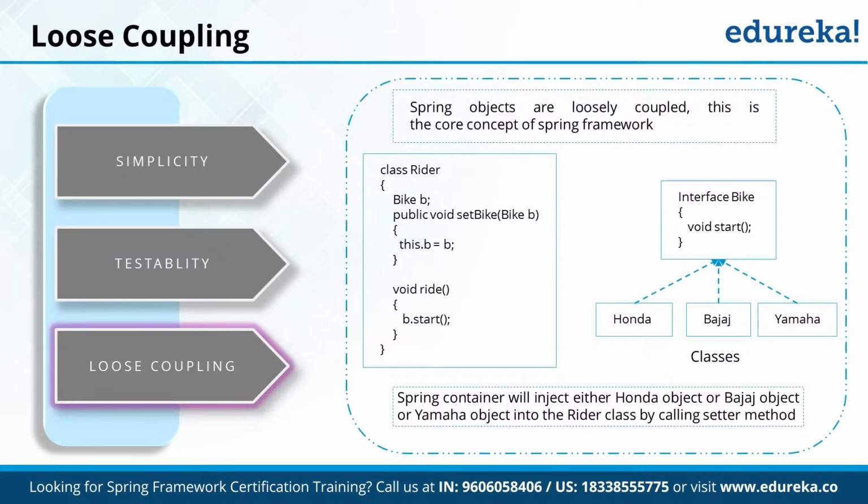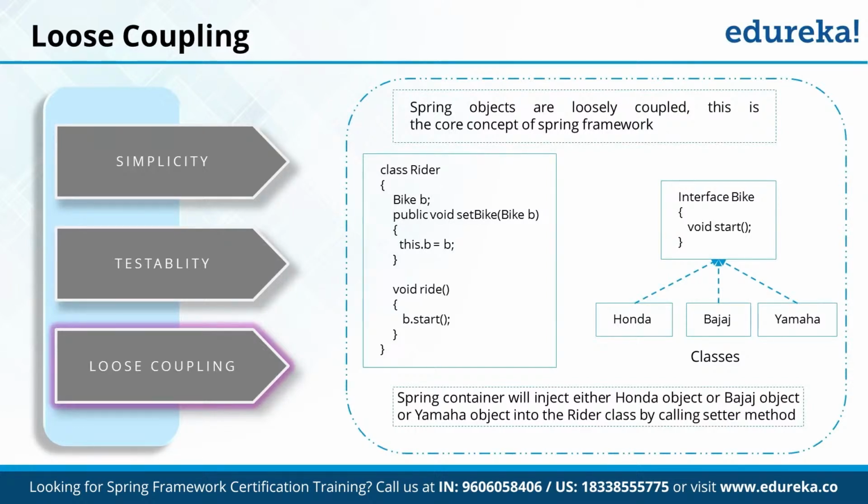Here we are trying to understand that Spring objects are loosely coupled. For this, first of all, we must understand what is meant by the term coupling and what this loose coupling is all about, right? Consider that you got a class Rider, right? And we got a Bike. The reference to the Bike object is initialized in the setBike method, right?